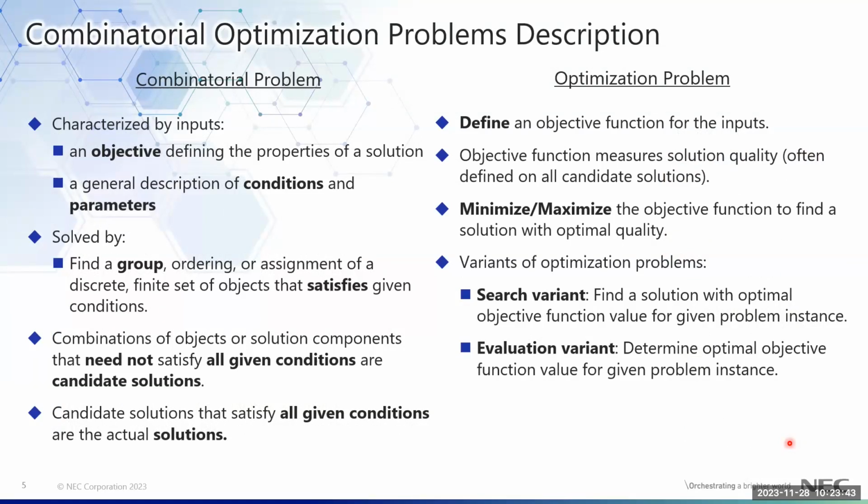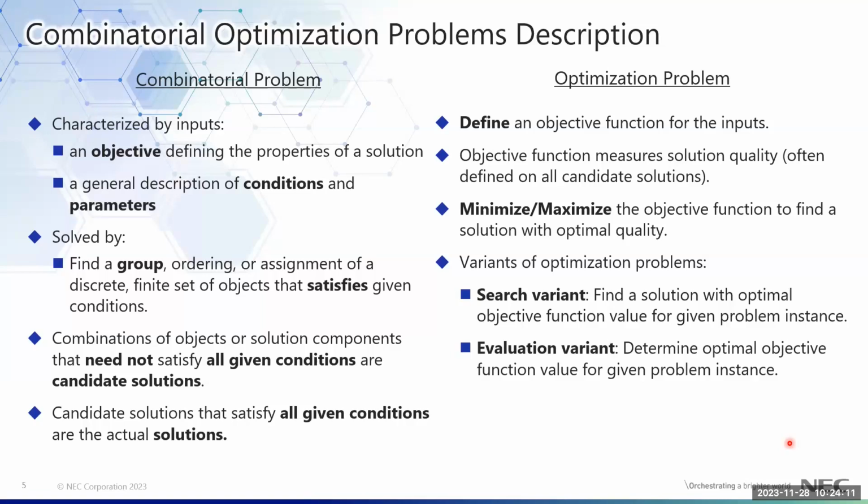It's very easy to understand what a combinatorial optimization problem is if we break it down into what a combinatorial problem is and what an optimization problem is. As the name suggests, it has to do with a number of combinations to the solution. As we saw with a maze in the first slide, that could be one analogy.